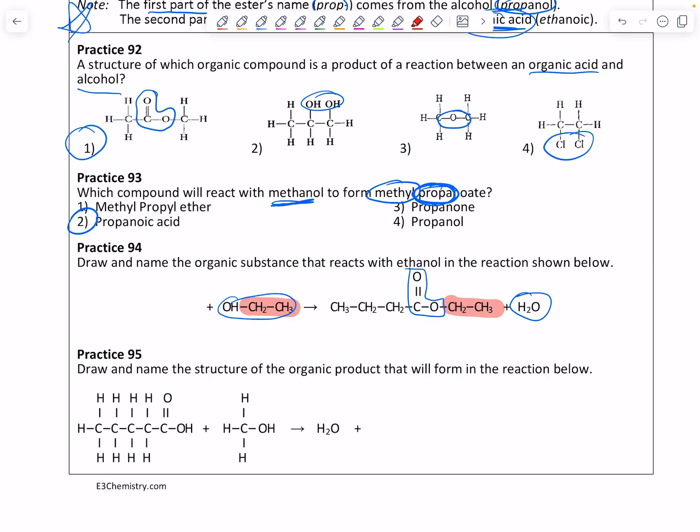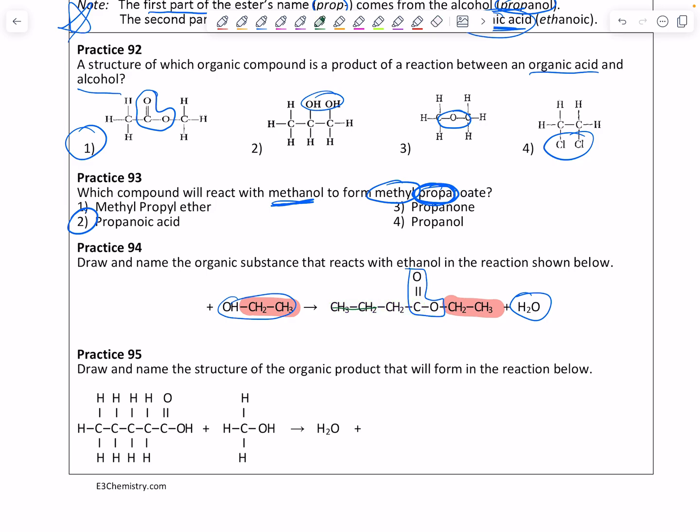To figure out what the original other reactant was, I need to look at the other side. I see there are 4 carbons that the double bonded O is attached to, so my original organic substance had to have 4 carbons with a double bonded O and then the other single bonded O.